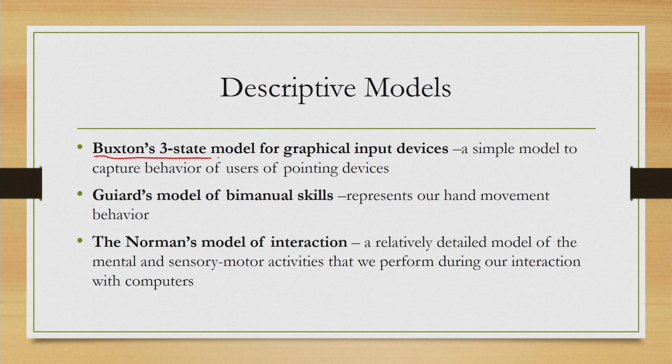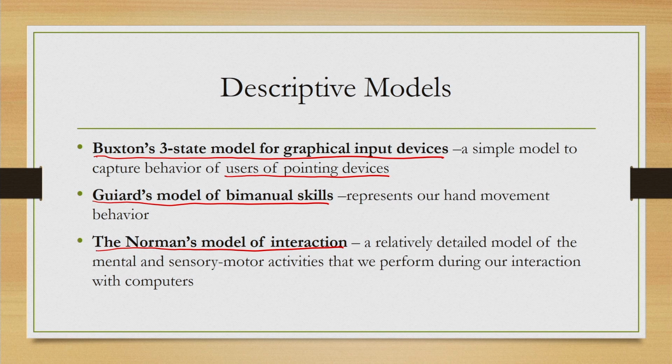Now, these 3 models are the Buxton's 3-state model for graphical input device, which is a simple model to capture behavior of users of pointing devices. Now, this is important and we will come back to this point later. Then we have Guillard's model of bimanual skills, which represents our hand movement behavior, and the Norman's model of interaction, which is a relatively detailed model of the mental and sensory motor activities that we perform during our interaction with computers.